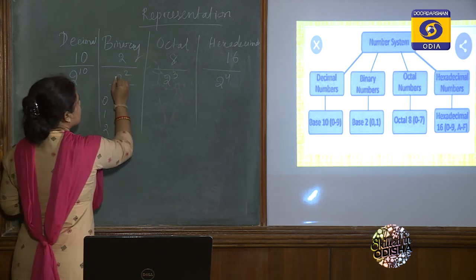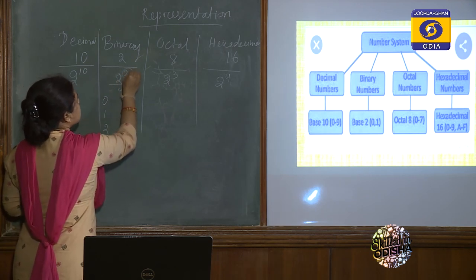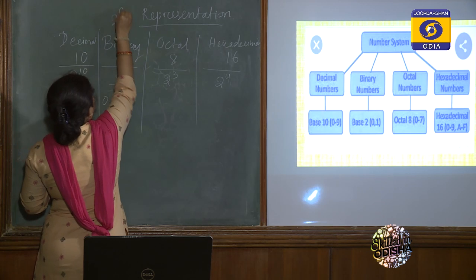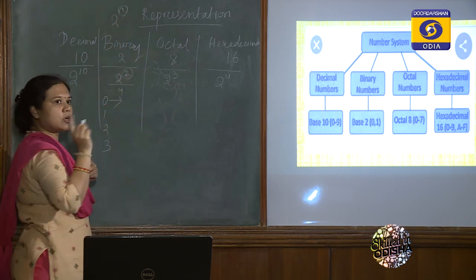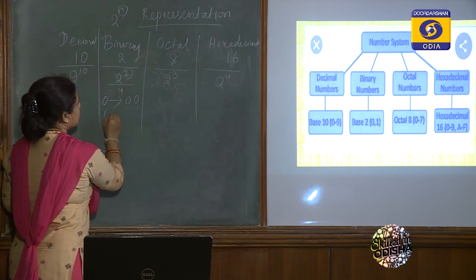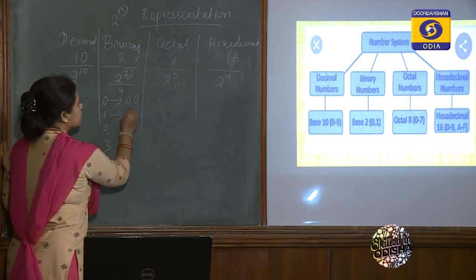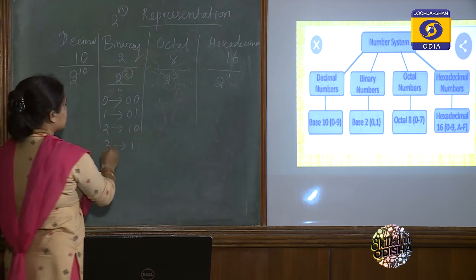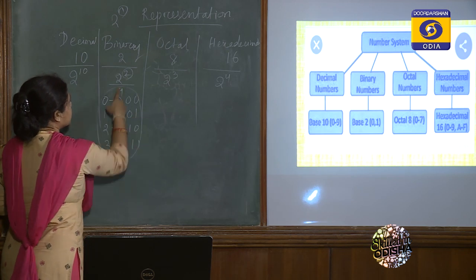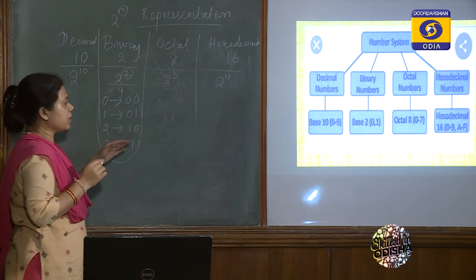Here 2 to the power n gives the number of bits. So 0 is represented by 2 bits, 00; 1 is 01; 2 is 10; and 3 is 11. We have to remember all these representations.